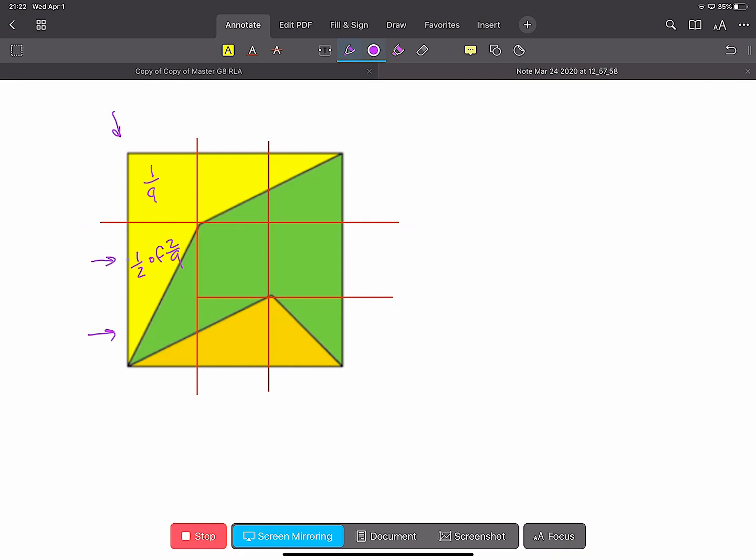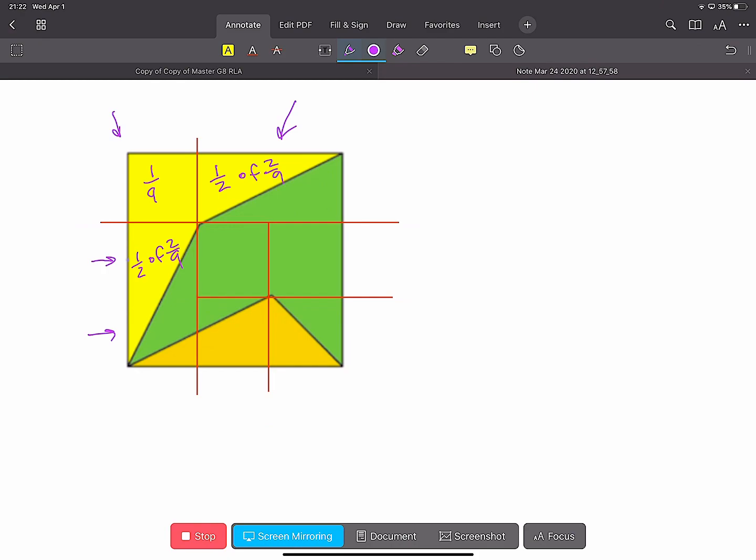And from there I notice the same is true with the top center and the top right. If I draw this back, pull it back, I've got a rectangle right here. That's 2/9 together. And the yellow section is 1/2 of the 2/9.